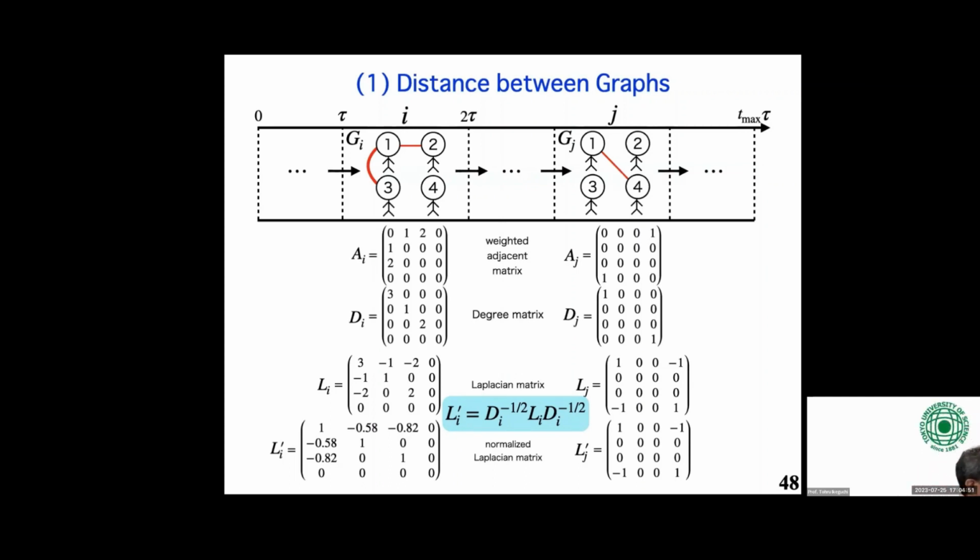Next, from this information, we create the degree matrices D_i and D_j, whose diagonal entries are the degrees of the vertices. Then this formula is used to compute the so-called Laplacian matrix L, and L prime is the normalized Laplacian matrix.